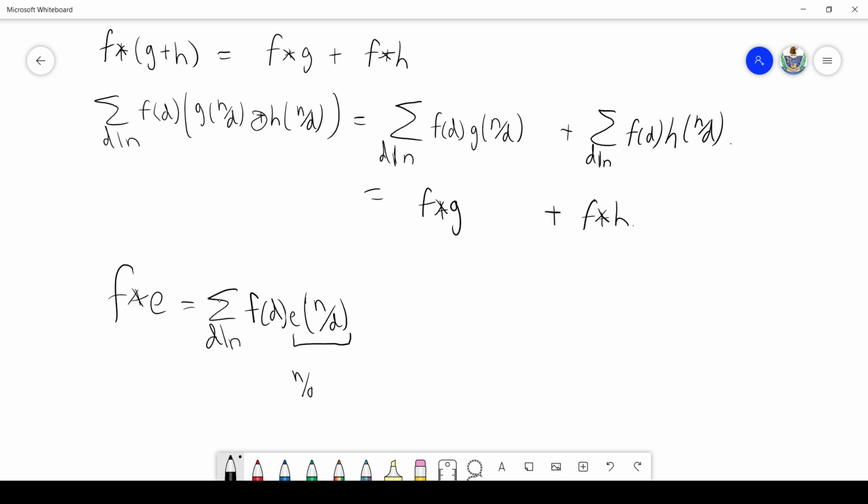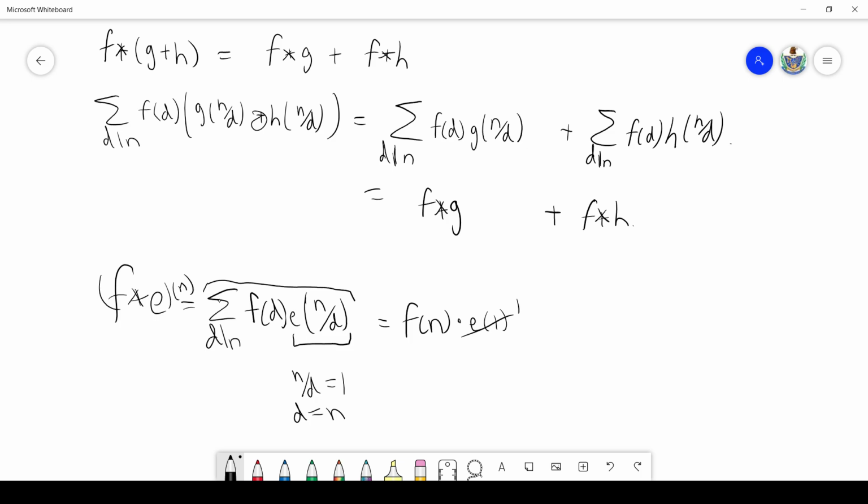So n over d equals 1 is the only time that we're going to have a non-zero term in this sum, right? In other words, d equals n, so this whole thing is just going to equal f of n, evaluated at n. This is going to be f of n times e of 1, which is just 1.